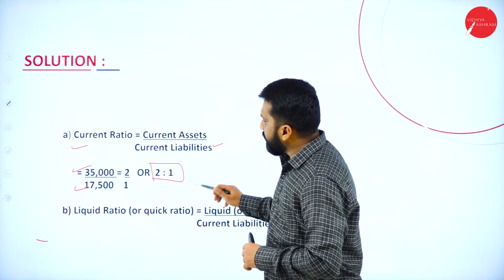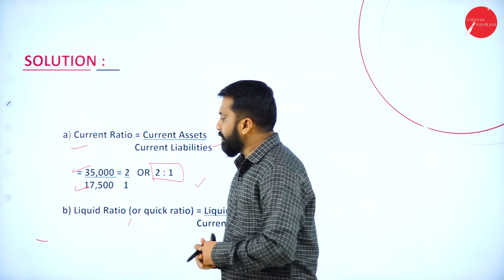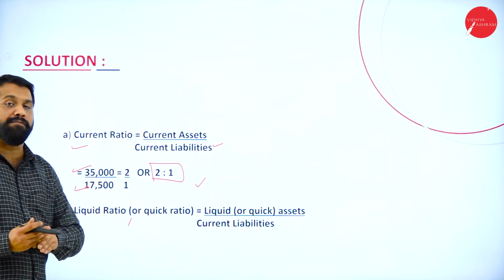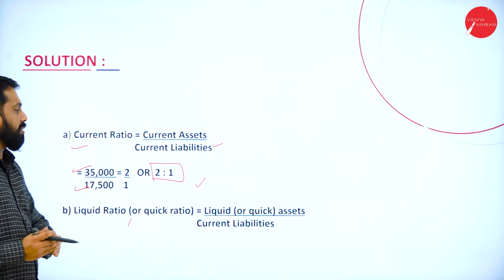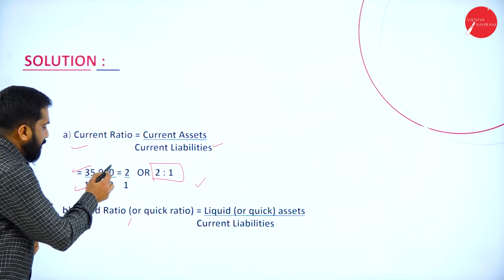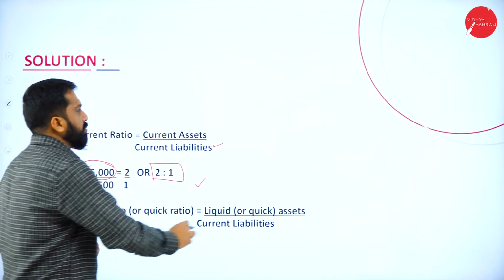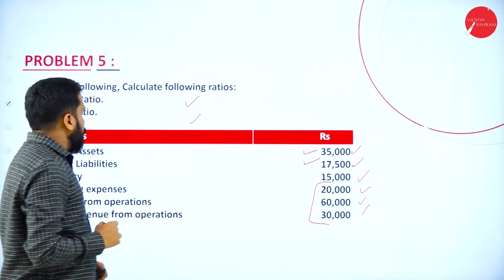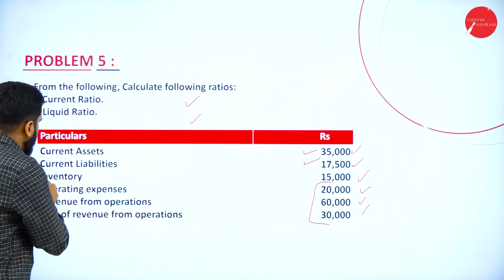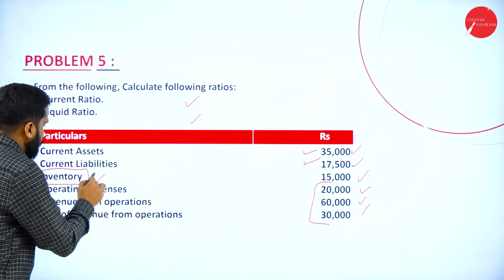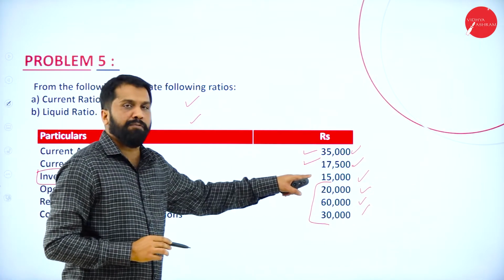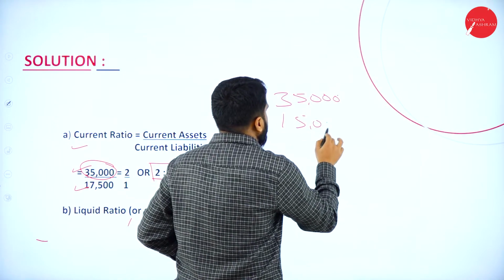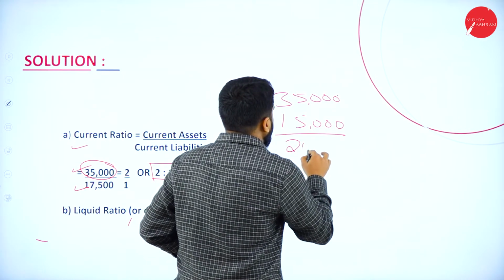Now, this is done. Now we'll come to liquid ratio. Under liquid ratio, the same formula we will consider, but what will we not consider? Under current asset, we have 35,000 minus the inventory we are not supposed to take, which is 15,000. Minus 15,000, your answer will be 20,000.